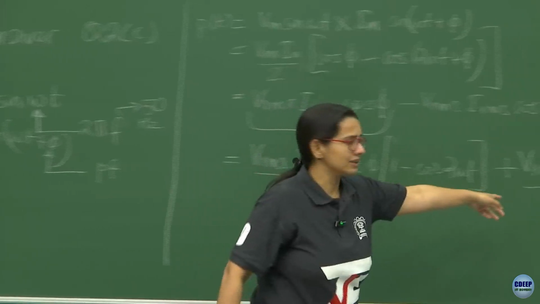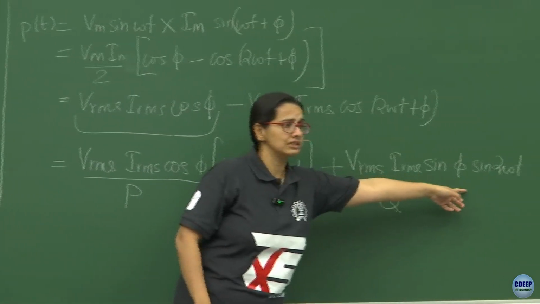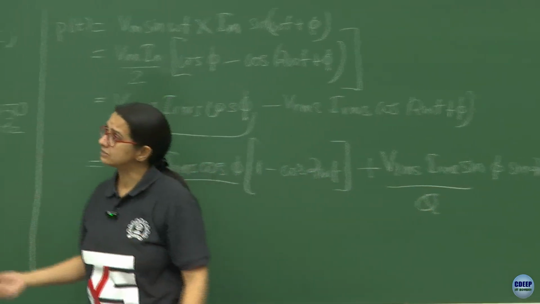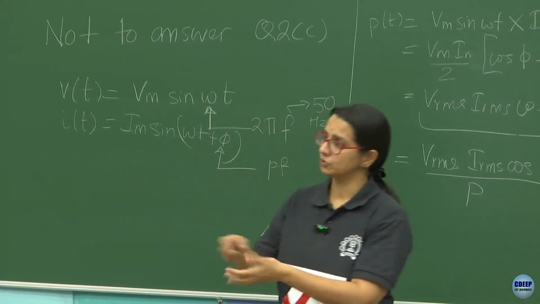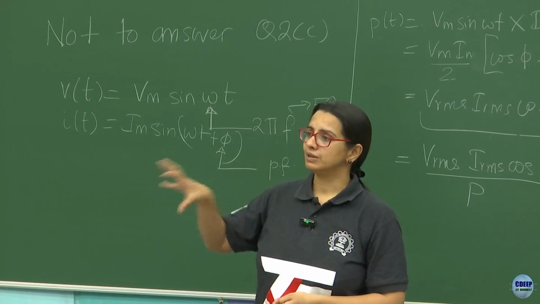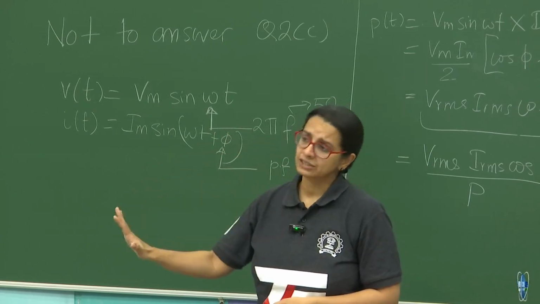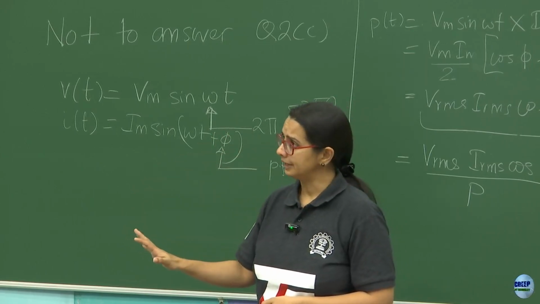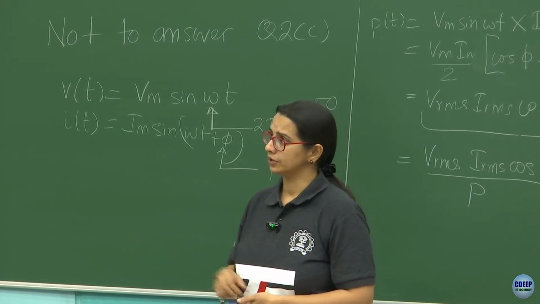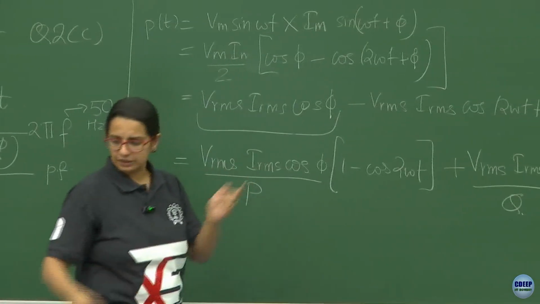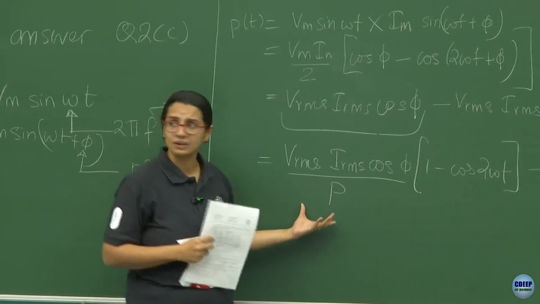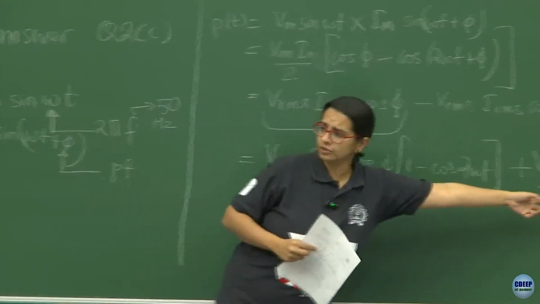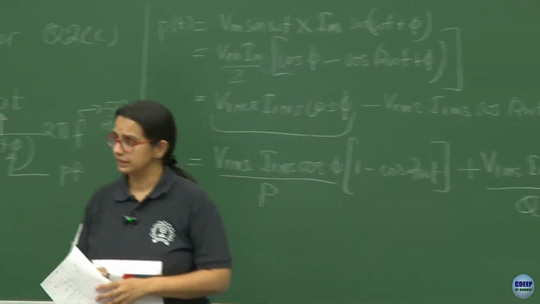And this one, on the other hand, is a double frequency component. It has an average of 0. So you could think of that particular power component as the component that is being fed to the reactive part of your circuit, correct? So in this particular question, this would have been your P1 and this would have been your P2 essentially, correct?